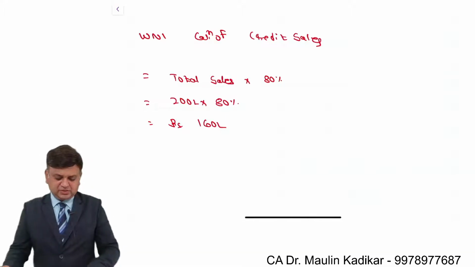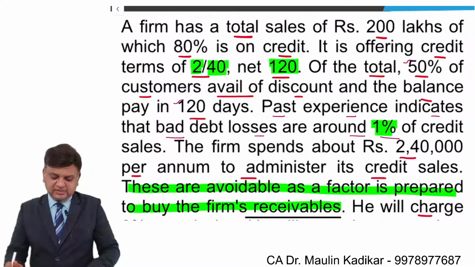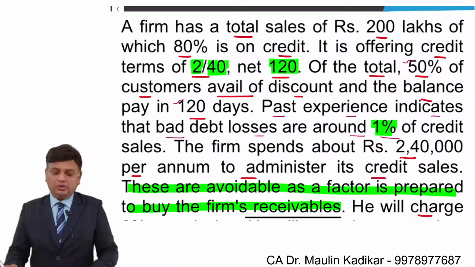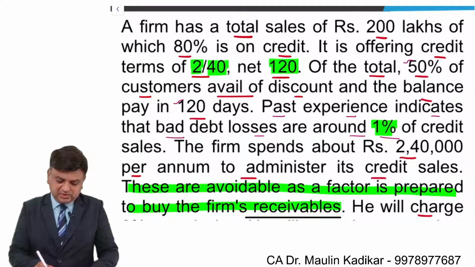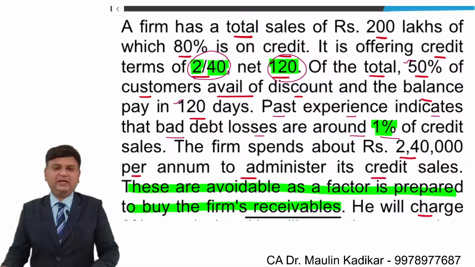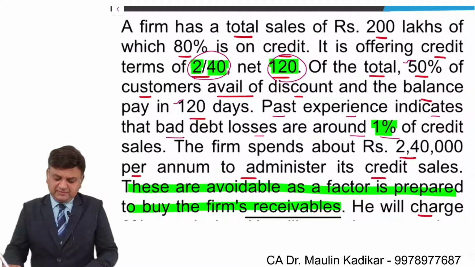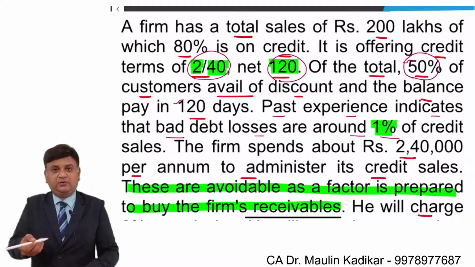Now friends, the question is not providing the information regarding the average collection period directly. So taking into account the credit terms which have been provided to us, we can calculate the average collection period. We have been given that 50% of the customers are availing discount.